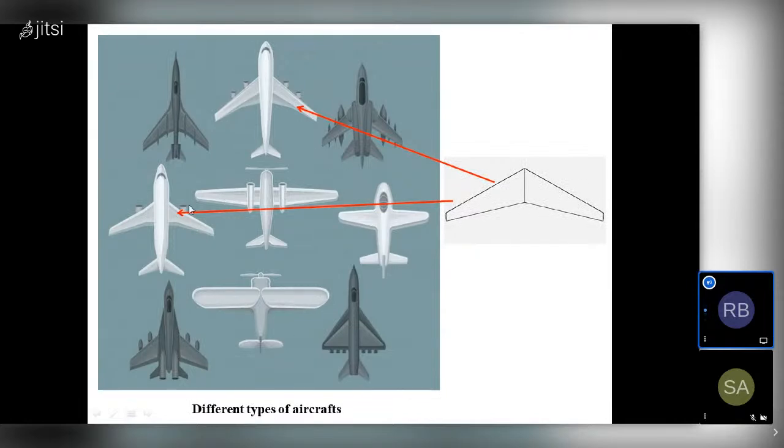So the planform view is different, and based on that, we know the planform area will also vary, right?